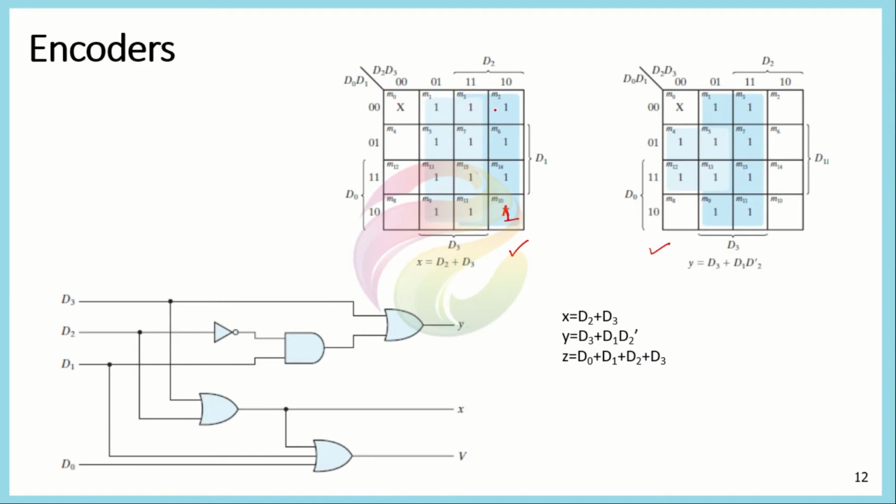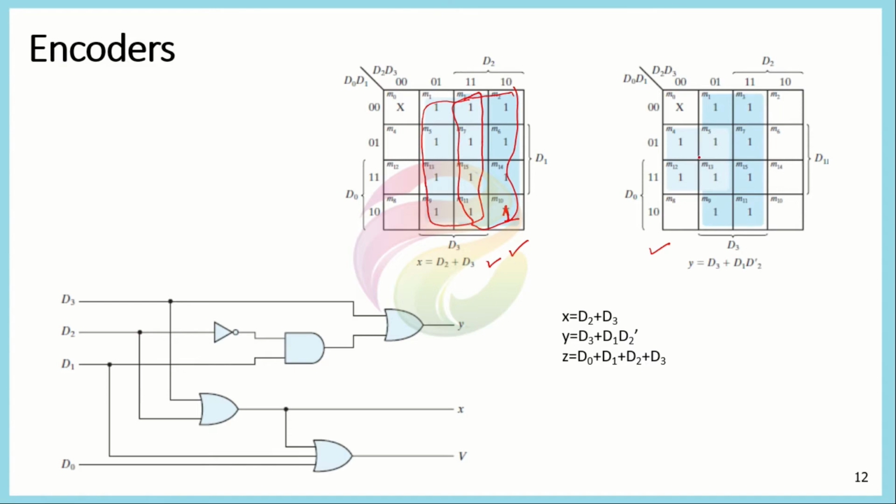If we solve through that method, we get all the ones mentioned here, and you can clearly see that we could form two different adjacent squares of 8 ones each, this one and this one. So X could be represented as D2 or D3.